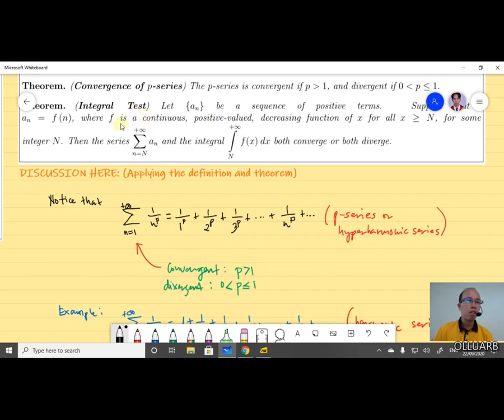If you let your sequence be f of n, and we know that the sequence is a function, first you have to show that f is continuous, positive valued and decreasing for all x greater than or equal to N. So you have three conditions to satisfy before you can reach the conclusion of the integral test.